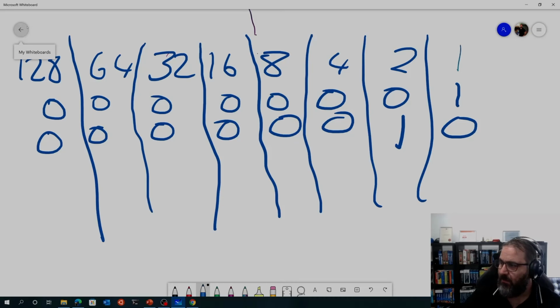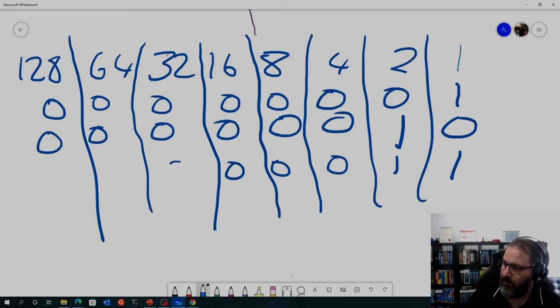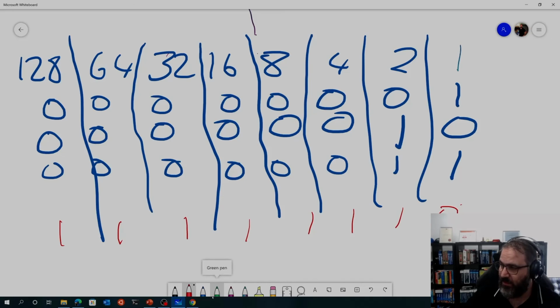With me? What about 3, however? There is no 3 in this placement, right? So I'm going to add 1 and 2. So on and so on until I get to the second last one. This is the second last one.